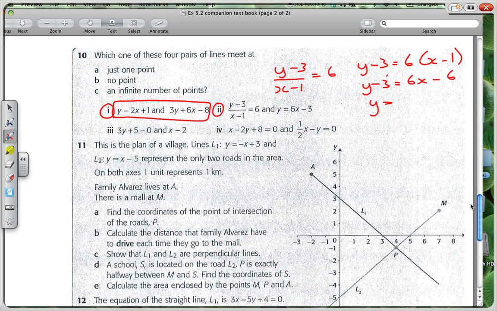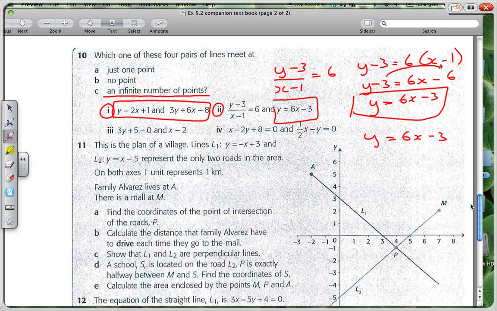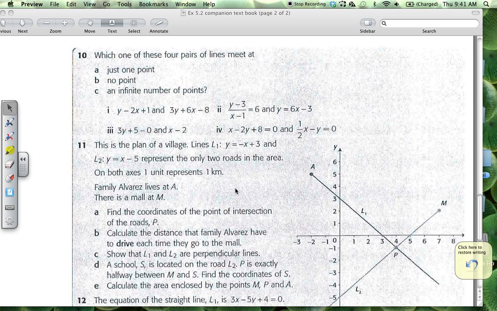We take the minus 3 over to the other side, it becomes plus 3, so y is 6x minus 3. So that's the one equation there. For the other one here, we've got y is equal to 6x minus 3. So it's exactly the same. So we'd expect them to have an infinite number of points, because one line lies on top of the other line. So that's for 2.